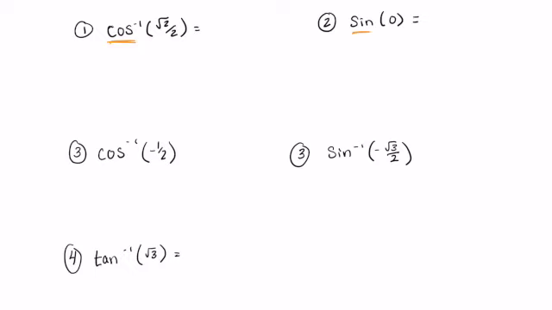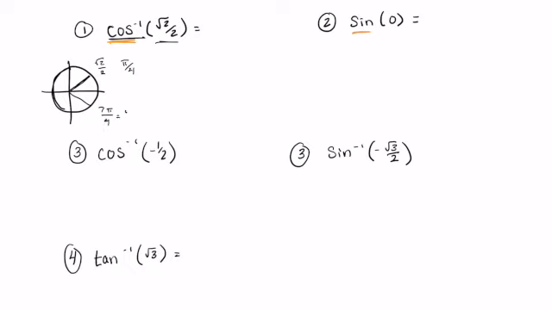In my head, I'm thinking of my unit circle and all of the places that I have an x value of root 2 over 2. I know that I have an x value of root 2 over 2 at pi over 4, and then down here at 7 pi over 4.